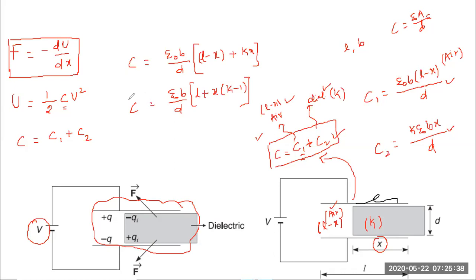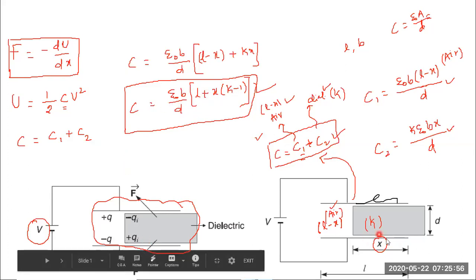That's it, students. This is the effective capacitance of the given system when X portion is inside between the plates of the capacitor. I repeat, this is the effective capacitance C when only X portion is present between the plates of the capacitor.